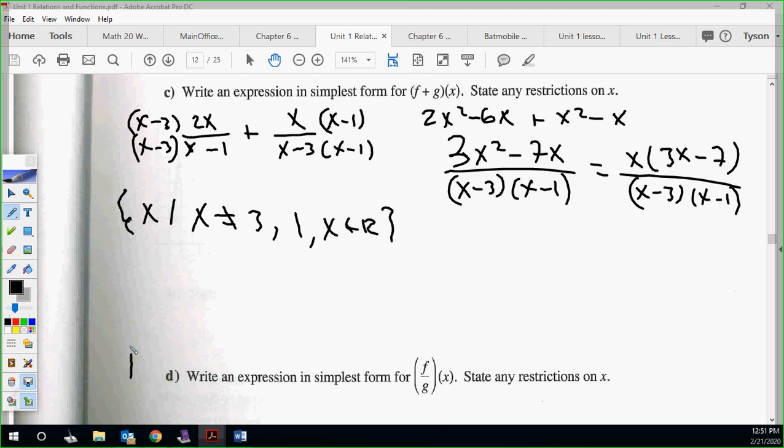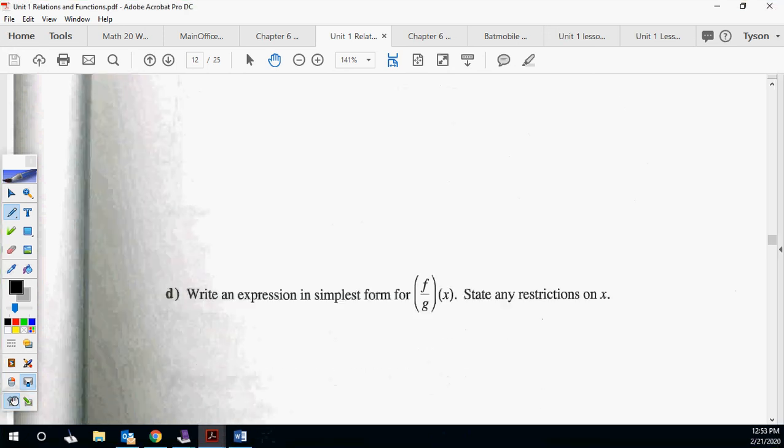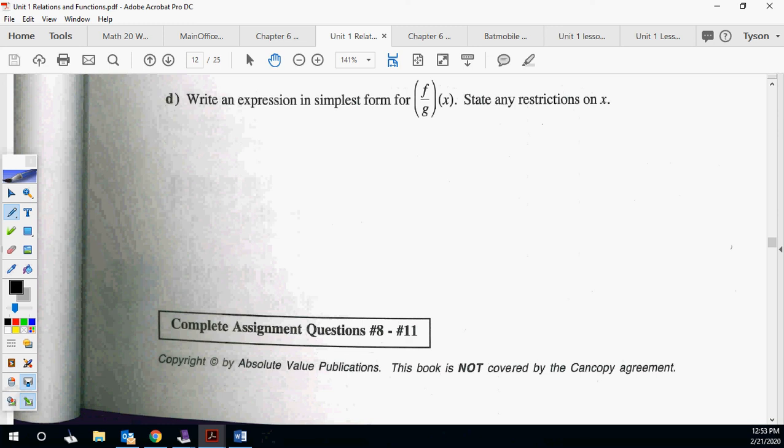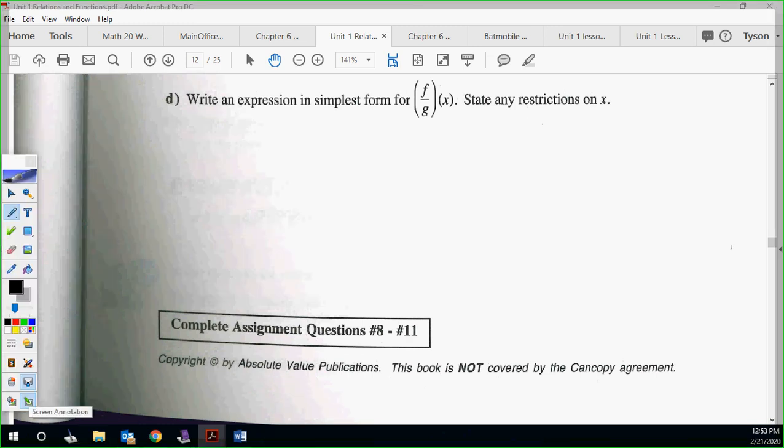So we're doing f over g of x right now. We're doing 2x over x minus 1 divided by x over x minus 3.